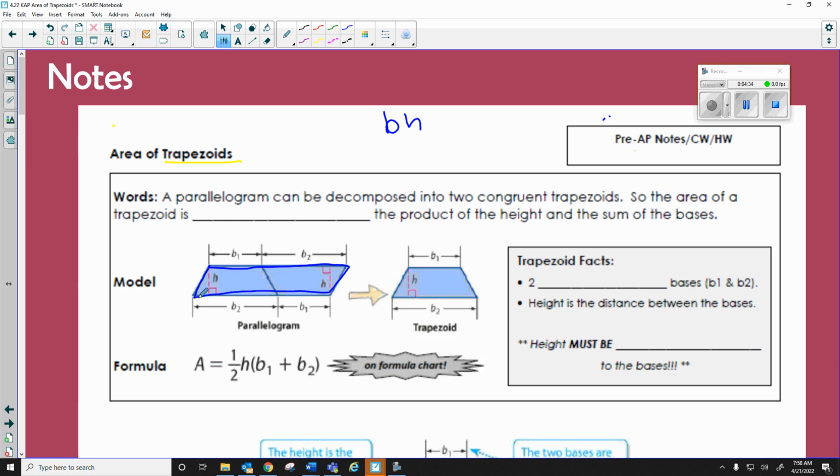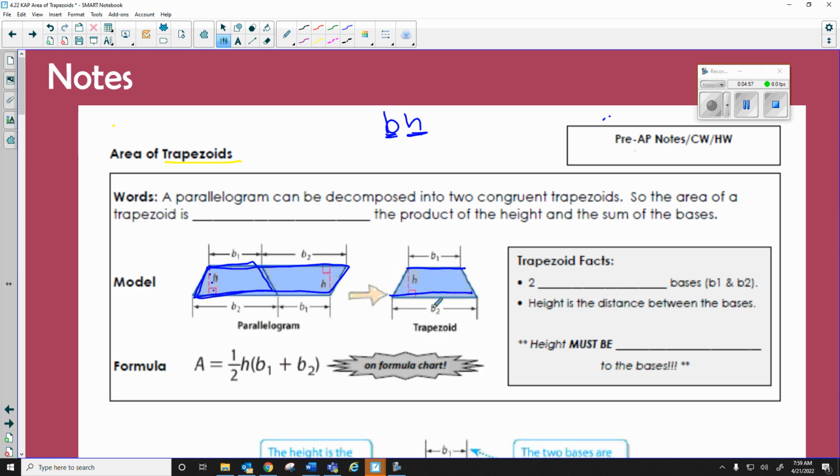So I'm going to first look at the whole parallelogram here. I notice that, even when I'm just finding one of these trapezoids, the height doesn't change at all. It stays the same. What's a little weird though are these bases, because when I look at the bases of a trapezoid, they aren't the same.